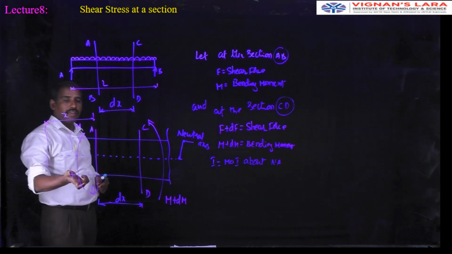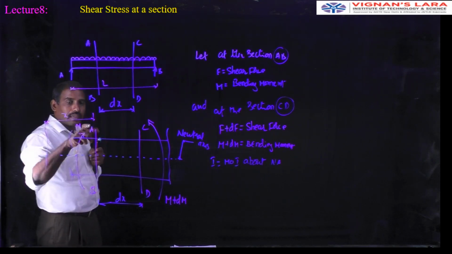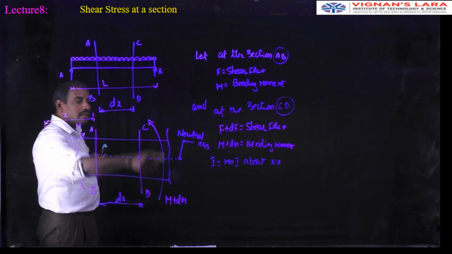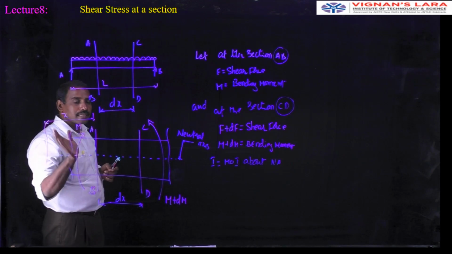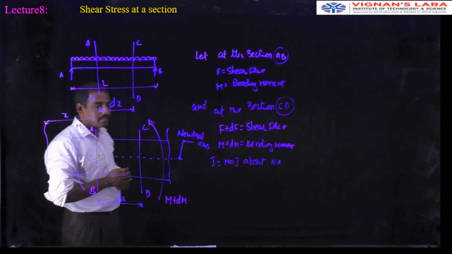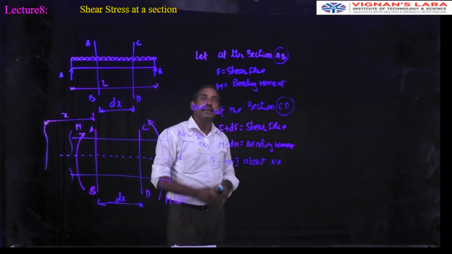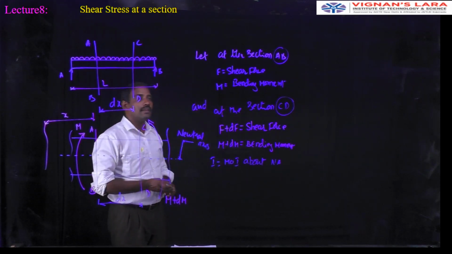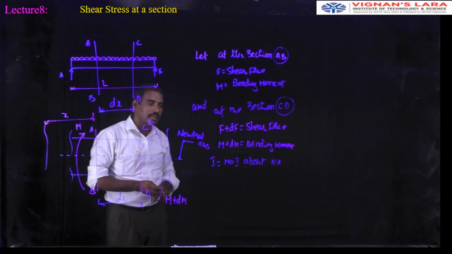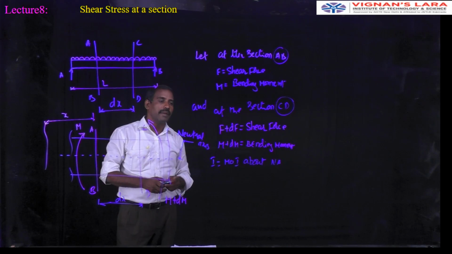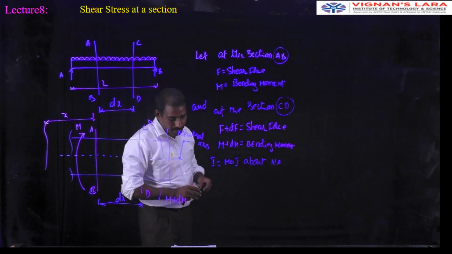We know the moment at section AB, at a distance x from the left hand, is M, and the bending moment at section CD, at a distance x plus dx, is M plus dM. The shear force at section AB is F and the bending moment is M, and F plus dF and M plus dM are the shear force and bending moment at section CD. I is the moment of inertia.